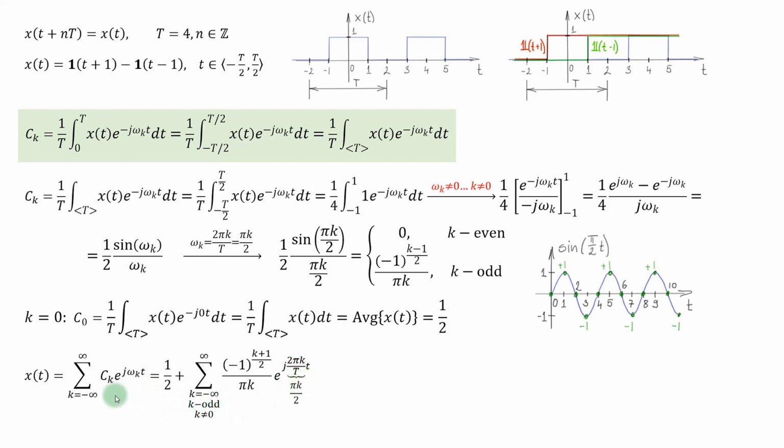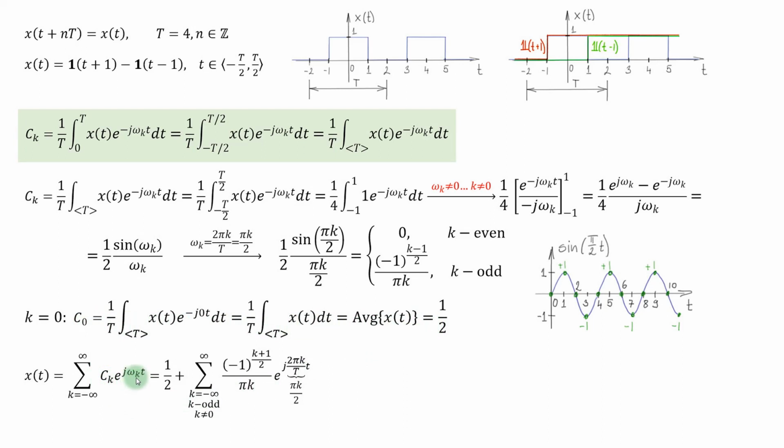And last, I must not forget to include the value of this summand for k is equal to 0. That is what I have cautiously excluded from this sum. For k is equal to 0, the value of the complex amplitude will be 1/2, and the value of this exponential will be 1. Why?